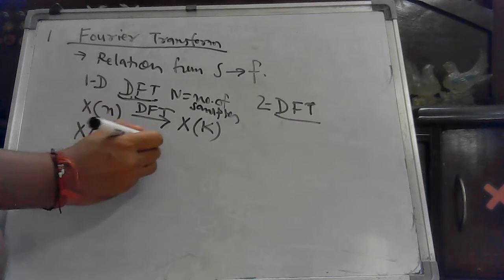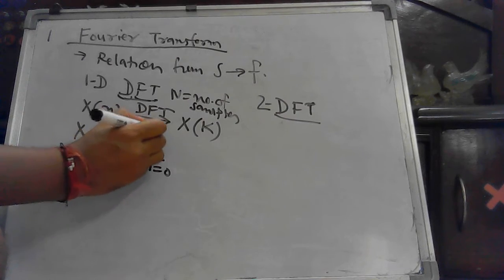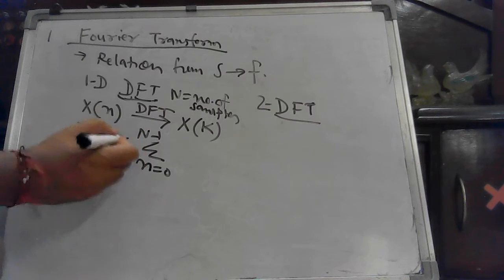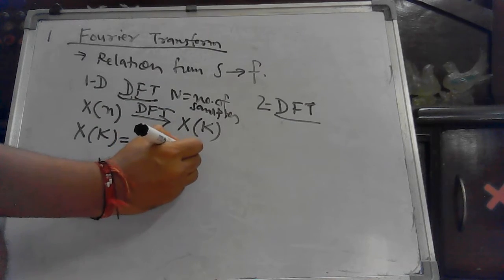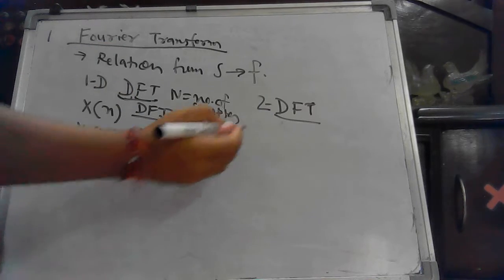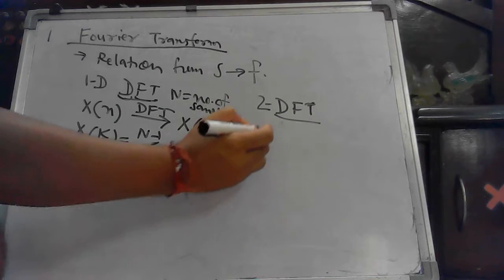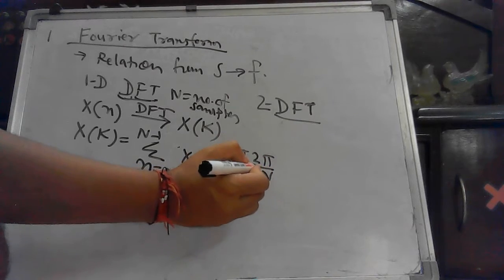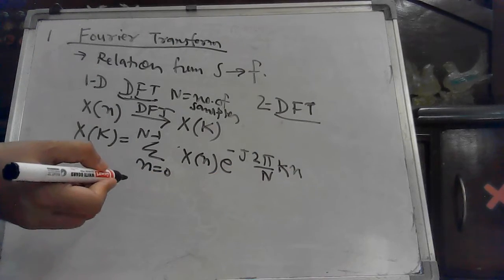X of k is a summation with n starting from 0 to N minus 1. How many samples do you have? Capital N. So you have to do the total summation of all the samples in those 0 to N minus 1 points, for all positions, multiplied by e raised to the power of minus j 2 pi by capital N, mind this point by point very carefully, and then multiplied by k into small n.